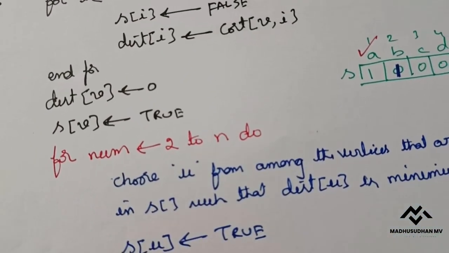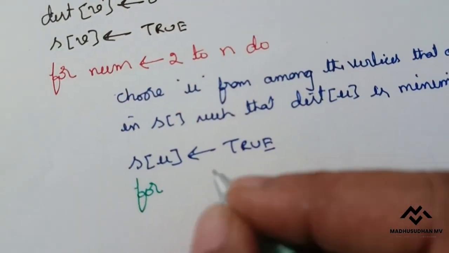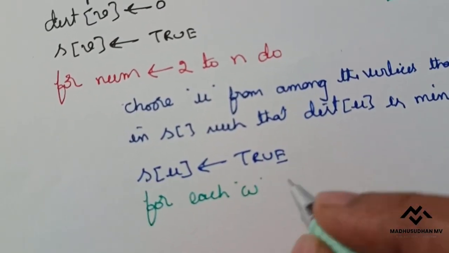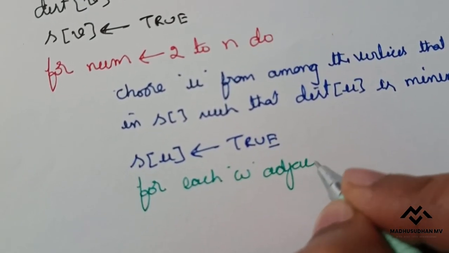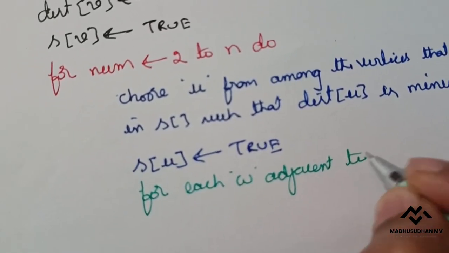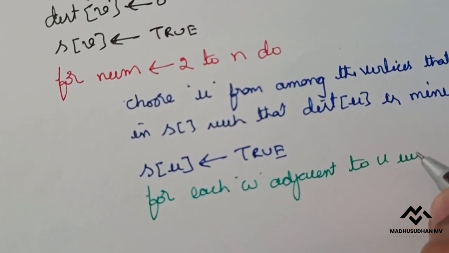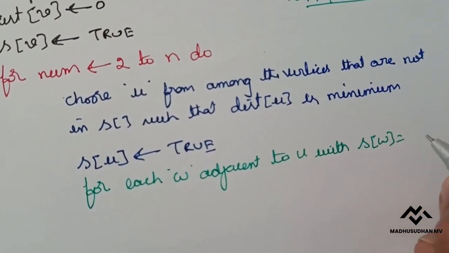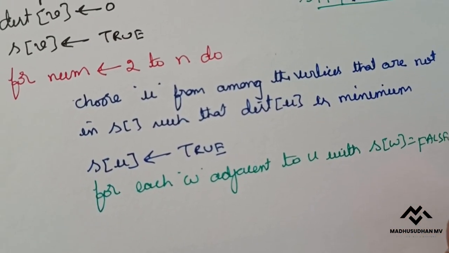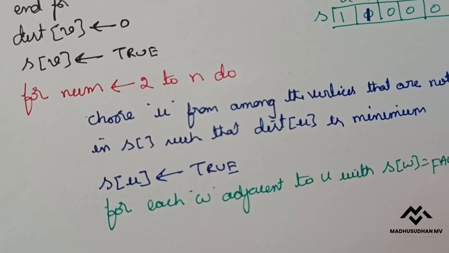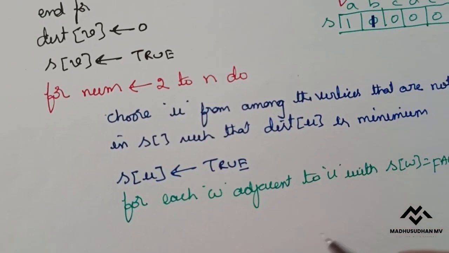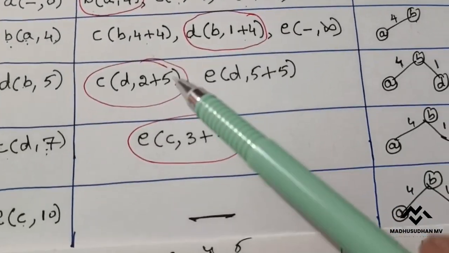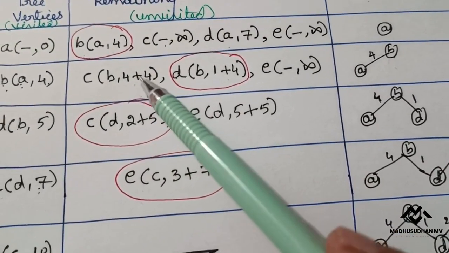So again, I will use one more for loop here: for each W adjacent to U with S of W equal to false. That means it should be false. Okay. So for that, now I have to check whether the previous value is minimum or this value is minimum.